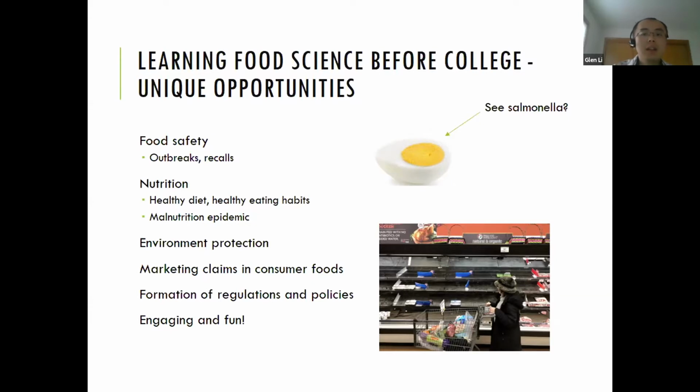And it's also fairly easy to contextualize science knowledge related to foods, given that food is in our daily lives, and we see the importance of food safety and nutrition in a lot of topics of common concern, be it our current pandemic, the environment, and also the social justice aspect of food as well.